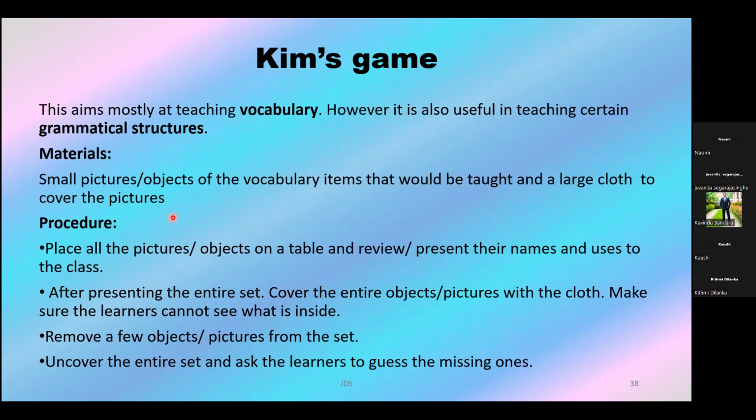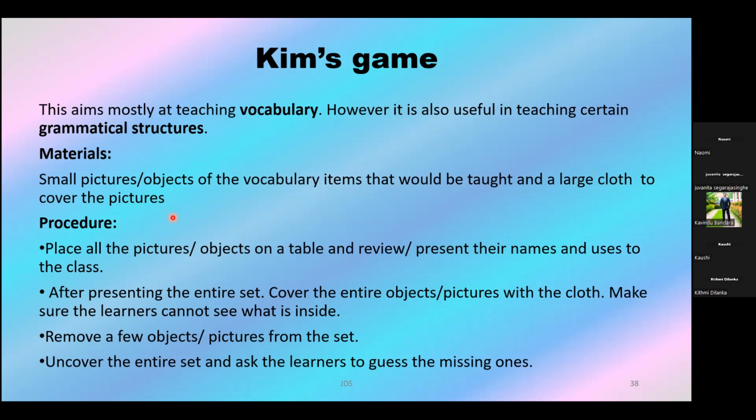So the entire objects will be arranged on a table. So you can have a pencil, you can have a ruler. There should be as many objects as possible. Then only it will be interesting and also useful.